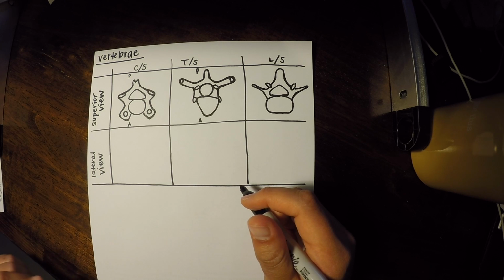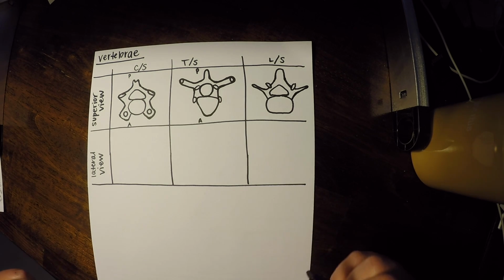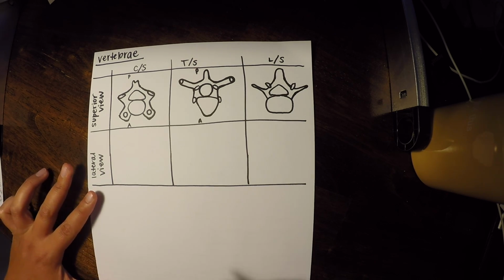Alright, I think we did it. It looks like we're pretty much done here for our superior views. Now let's move into the lateral view and then we'll get to labeling.